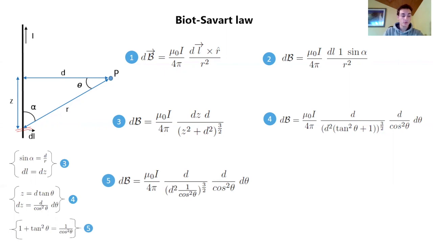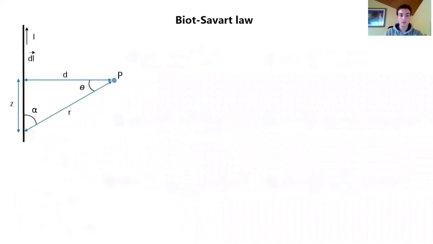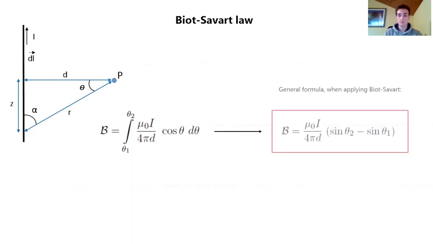We can also use this trigonometric equation, 1 plus tangent squared of theta is equal to 1 over cosine squared of theta, which is quite useful in this case. And we will end up having this equation. Now, if we evaluate between theta 2 and theta 1, we will obtain this formula, which is general.